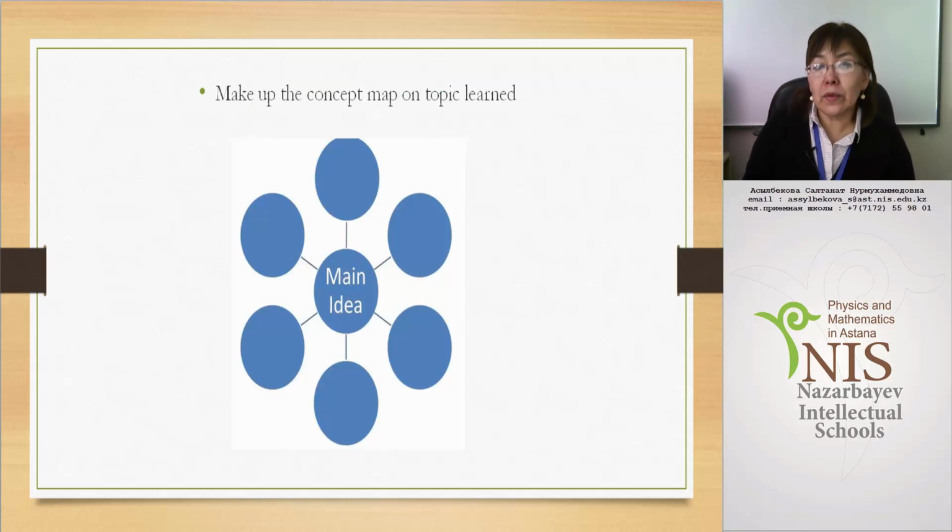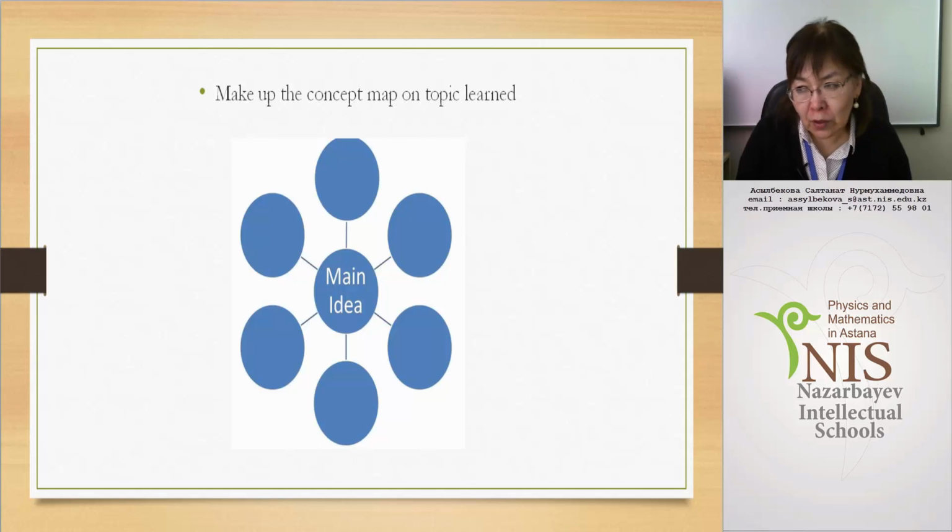I also wish to summarize, or just put all knowledge in order, so you can be confident that you know exactly. Make a concept map or mind map like this one or another one.